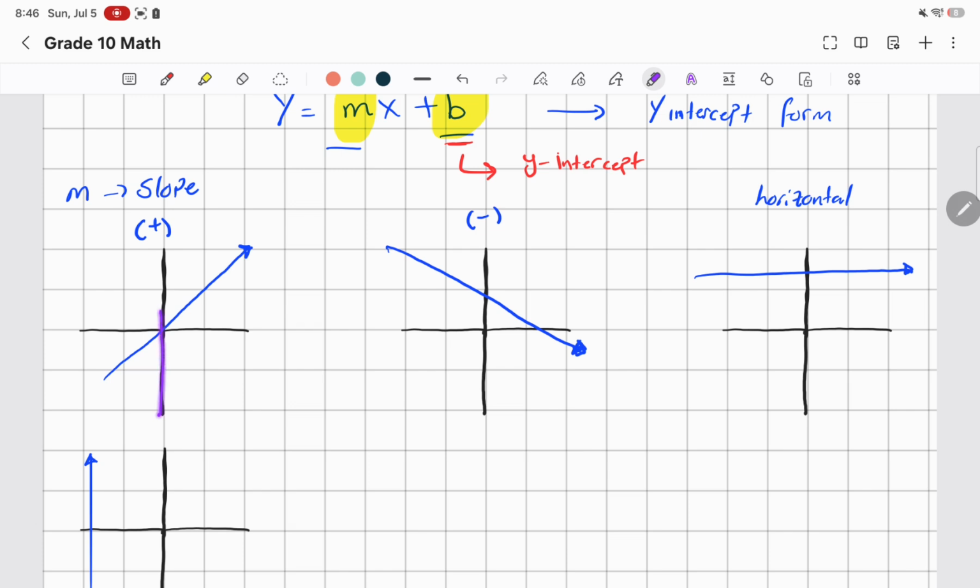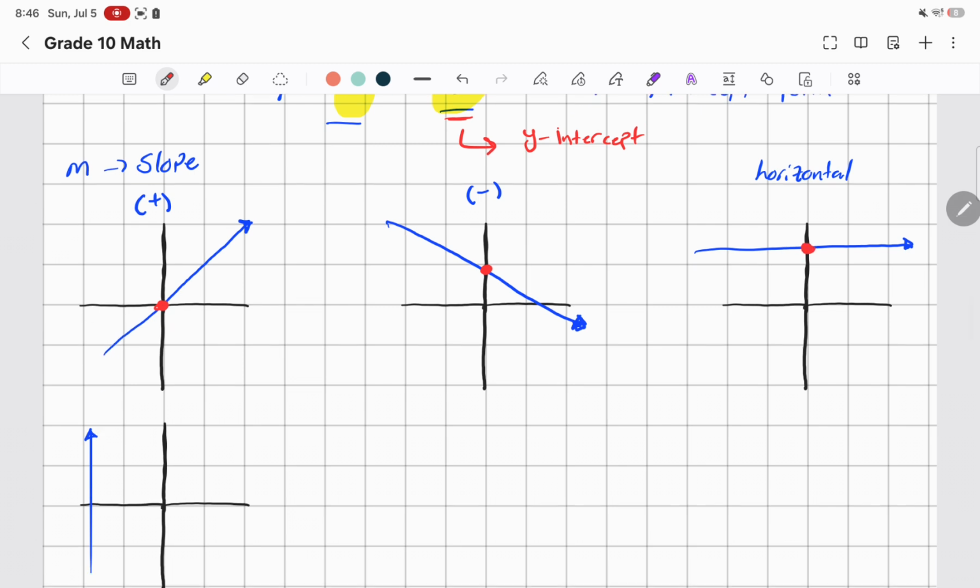So this is the y-axis, and where the line crosses the y-axis, that's your y-intercept. Same for this form. So let me put it in red. The y-intercept for this example is right here. For this example, that's the y-intercept, and for this example, that is the y-intercept.